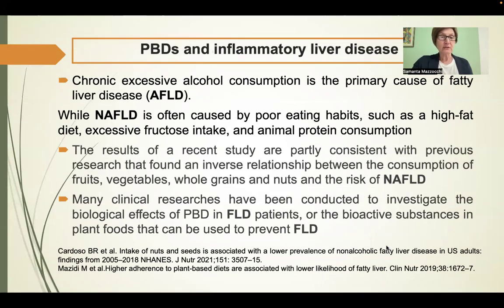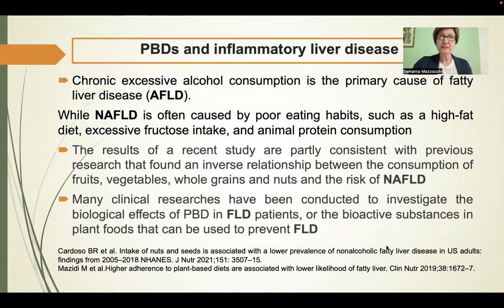Chronic excessive alcohol consumption is the primary cause of fatty liver disease, alcoholic fatty liver disease. While non-alcoholic fatty liver disease is often caused by poor eating habits, such as a high-fat diet, excessive fructose intake, and animal protein consumption.